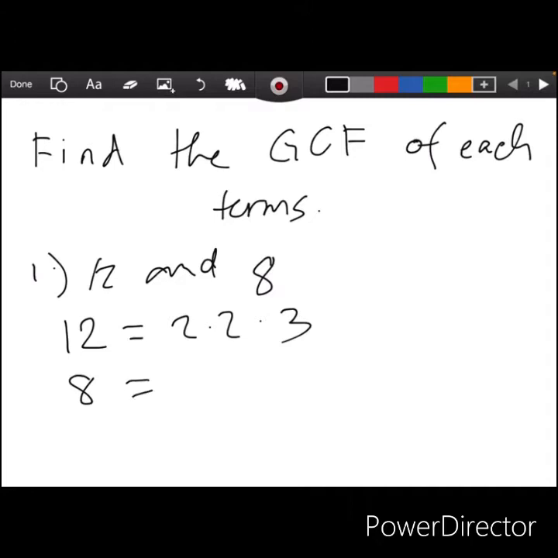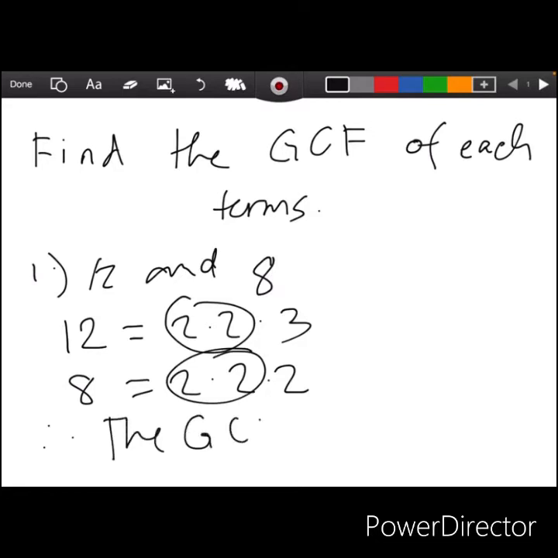Next, 8 is equal to 2 times 2 times 2. Get the common terms. Therefore, the greatest common factor of 12 and 8 is 4.